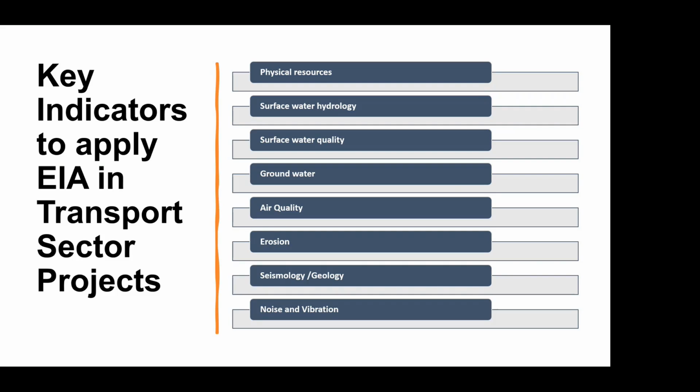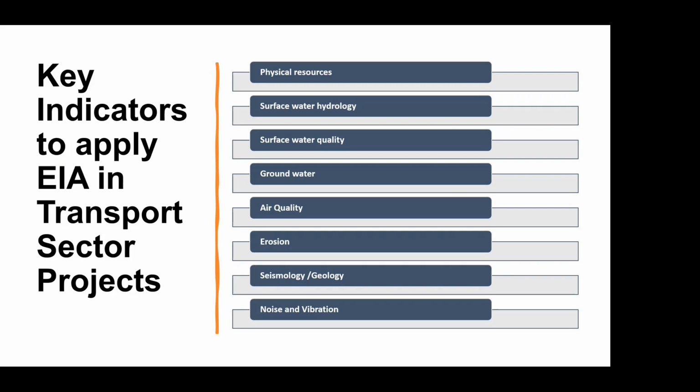The major and significant impacts of a transport project could result from the construction, operation, and maintenance of different facilities, in terms of the environmental sectors that the project would affect. The first one is physical resources.